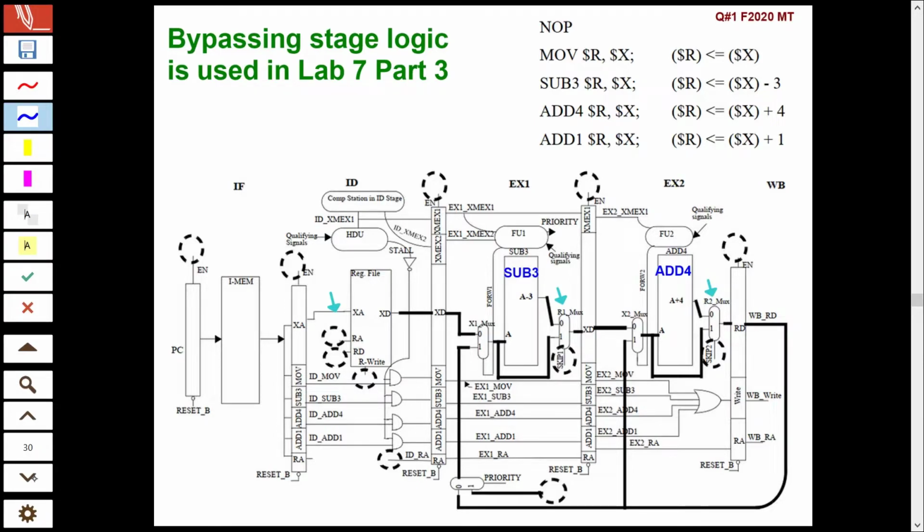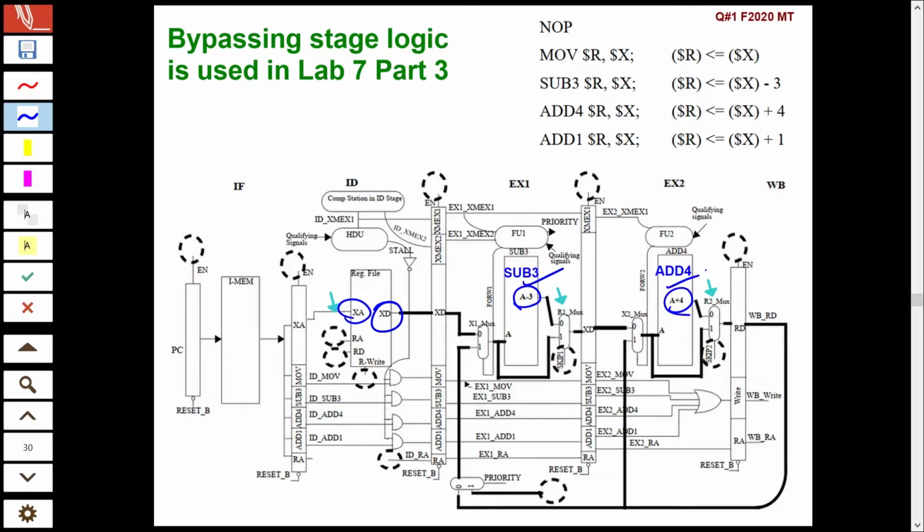At this point, let us visit lab 7 part 3, which is not included as a lab, but some ideas can be borrowed, and one of the ideas borrowed from there is skip around.